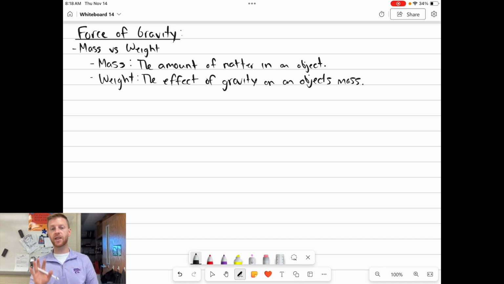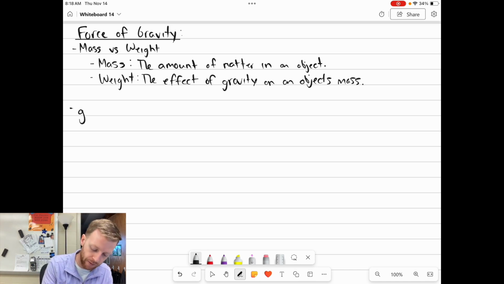So notice they're different, and we're going to use these terms a lot, and we want to make sure that we're being very specific in our language. Because if we start throwing the term mass and weight around, we're going to start getting them confused if we start interchanging them. So be very specific there.